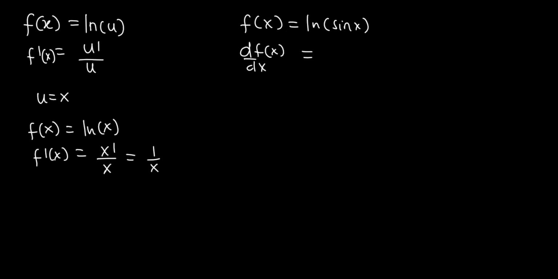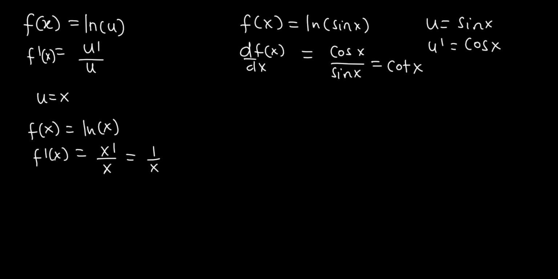In this case, u is equal to sine of x, so u prime will be equal to cosine of x. The derivative of sine of x will give us cosine of x. So this will be equal to cosine of x divided by sine of x, and this is the same as cot x. That will be the derivative of this function here.